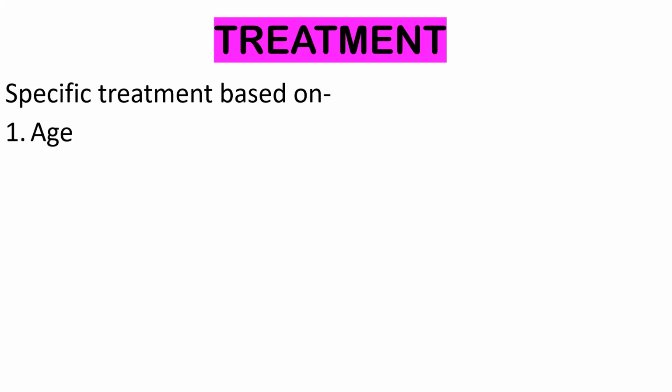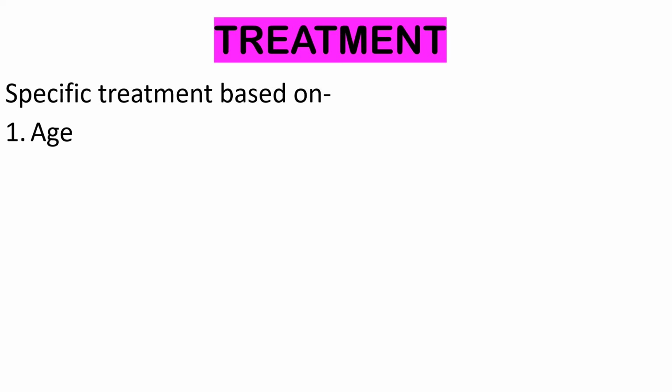If someone has any kind of vascular disease, first of all they will try to see what the possible treatment is, what the best treatment is. Based on all these following criteria, they will perform the treatment.